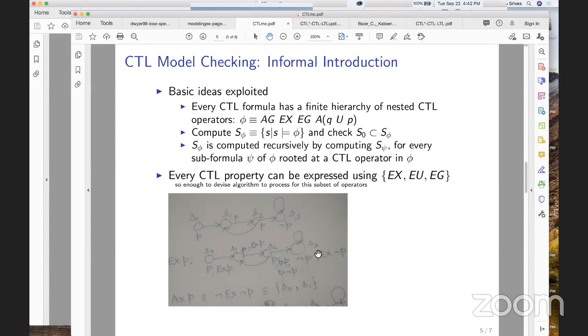So you take the complement of those states in which EX of not P is true. EX of not P is true for S2 and S3, so the complement is S0 and S1. So AX doesn't need to be handled separately; it can be done by just taking the complement.